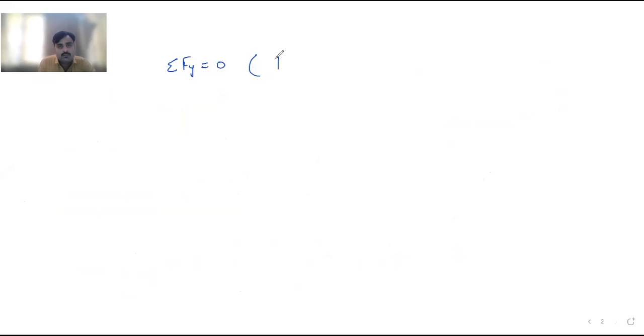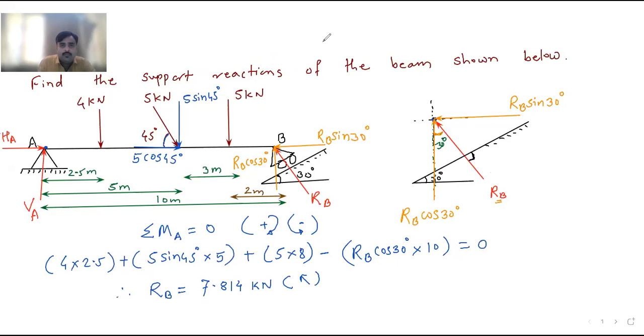Upward forces are positive and downward forces are negative. Now if you see the diagram here, you are applying summation Fy, forces parallel to y. So the first force is VA, which is moving upward, so VA is positive. The next force is this 4 kilonewton, which is moving downward, so it is negative.